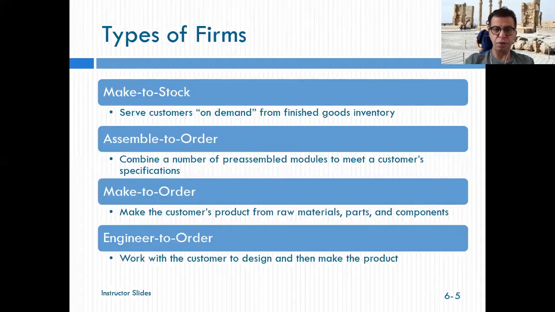Now, the types of firms or operation organization. The first is make to stock, which means that it serves customers on demand from the finished goods inventories.